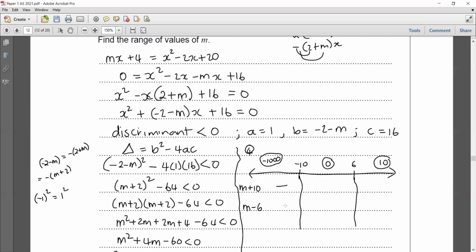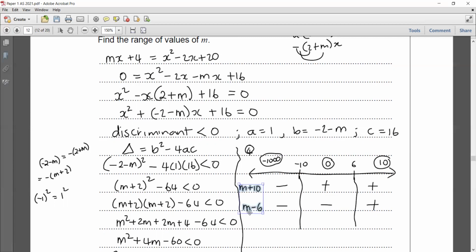What I write here is not -1006, I write negative because I'm only interested in the sign. Then I move on to the next column, so I say 0 plus 10, the answer is 10, which is positive, so I put positive here. Then the next one, I say 0 minus 6, my answer is negative. Then here I say 10 plus 10, my answer is positive. Then here 10 minus 6, my answer is positive.